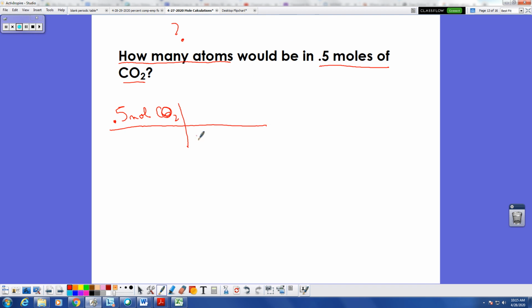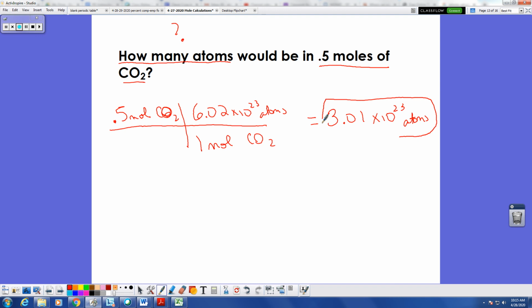So we know that 1 mole CO2 has how many atoms? 6.02 times 10 to the 23rd atoms. So solve that. 0.5 times 6.02, that's going to give us 3.01 times 10 to the 23rd atoms. Okay? You still need to write. Just pause it.